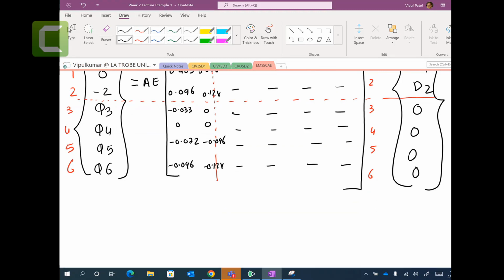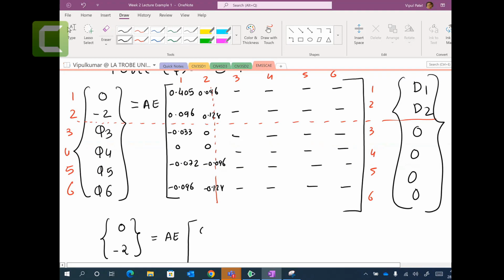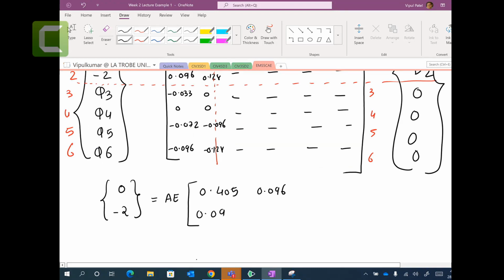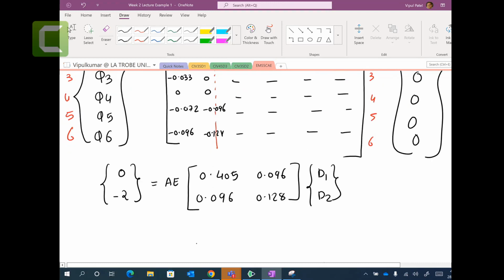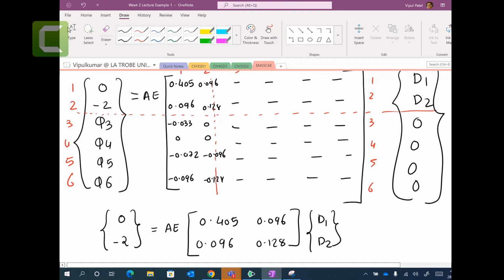Now to get D1 and D2, we take 0, minus 2 equal to AE times the 2 by 2 matrix 0.405, 0.096, 0.096, and 0.128, and then D1 and D2. Unmute yourself if you don't understand where it's coming from.